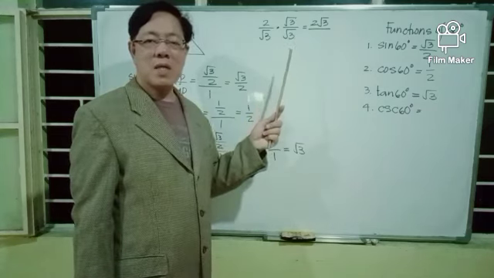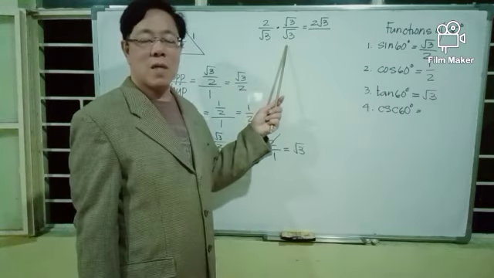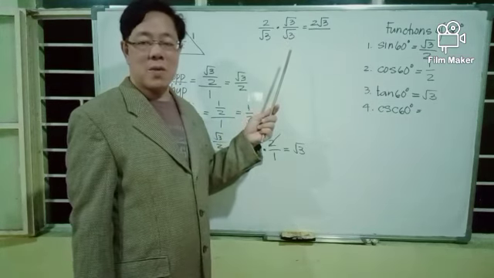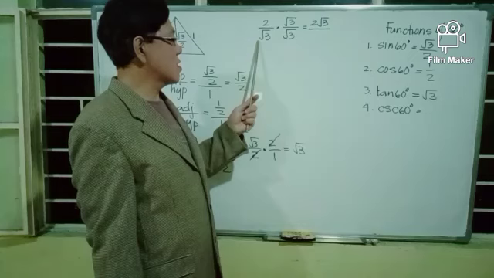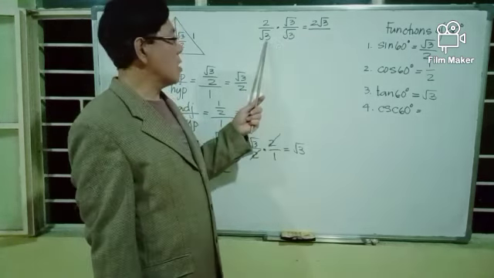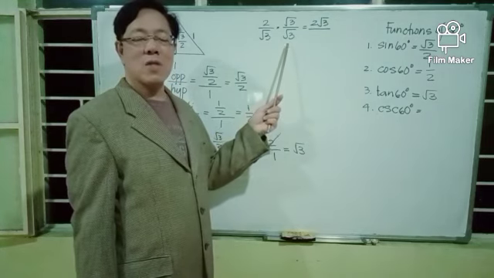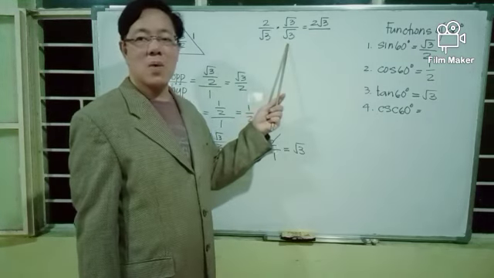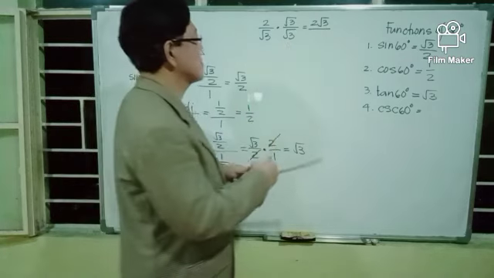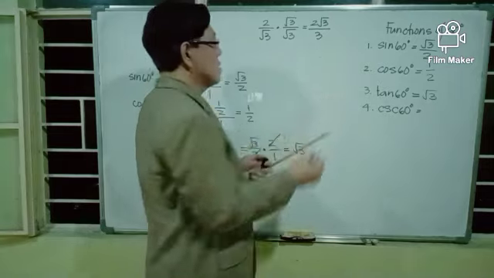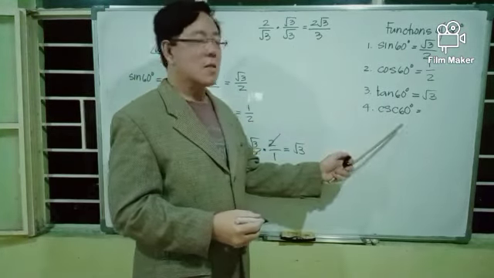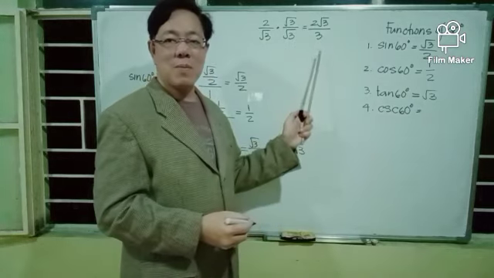By property of radicals, they can be written as one radical expression, whose index is 2, because the common index is 2. Square root of the product of 3 and 3. Square root of 3 times square root of 3 equals square root of 9. And square root of 9 is 3. And this is the value of cosecant of 60 degrees: 2 times square root of 3 divided by 3.